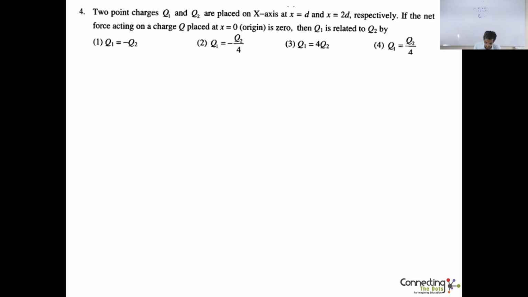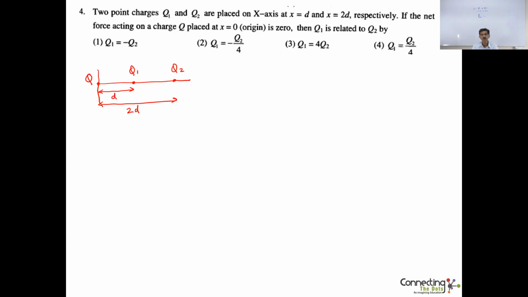That's the question. So it helps sometimes to draw a diagram. So we have Q1 at a distance of d and we have Q2 at a distance of 2d.